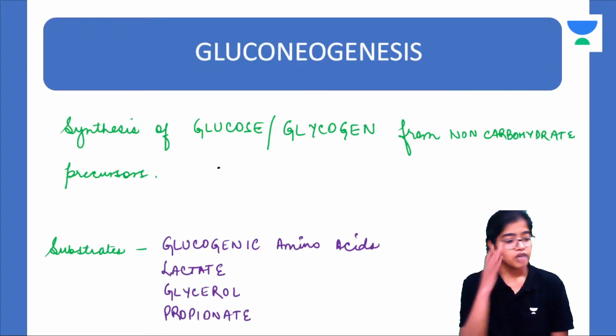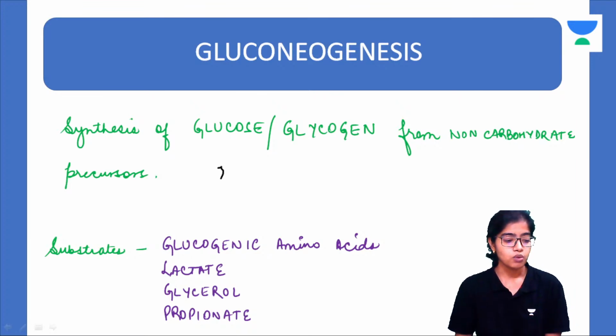Now we are going to start with gluconeogenesis. So what is the meaning of gluconeogenesis? As is our pattern, we will break this long word down into small words. Gluconeogenesis means genesis of glucose from new compounds. What are these new compounds?